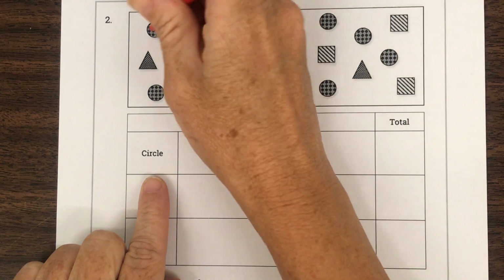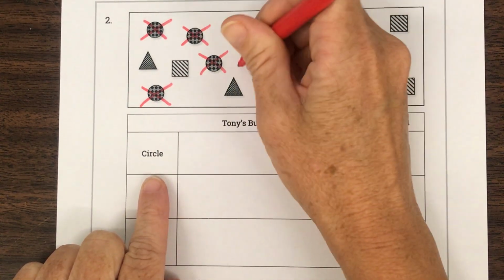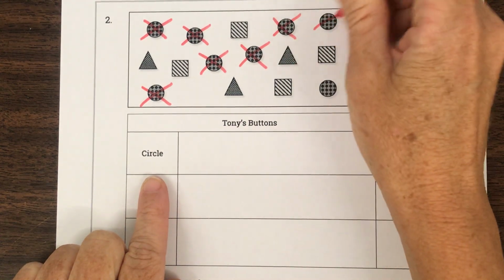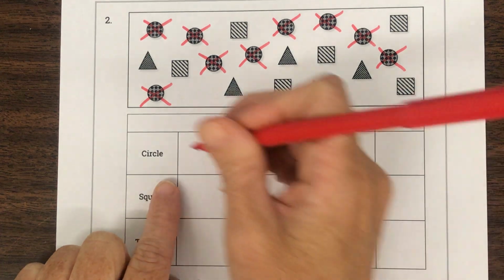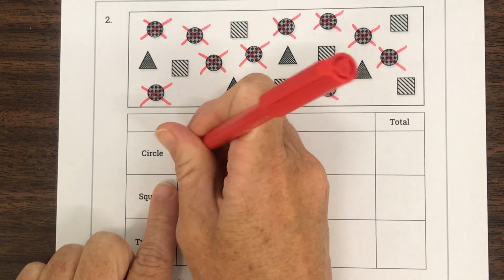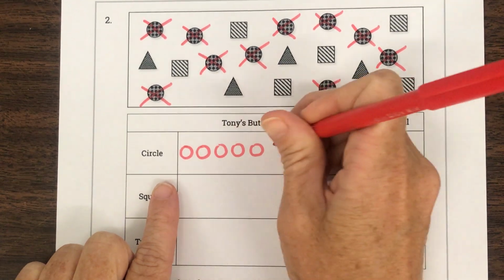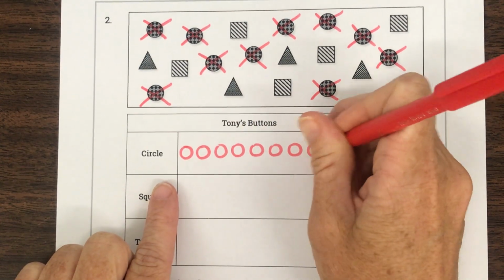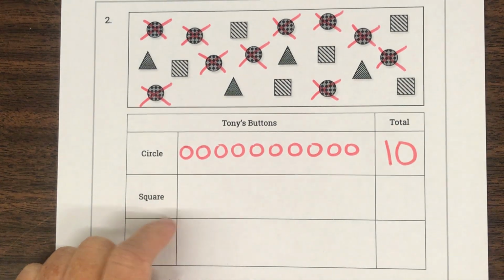I'm going to count my circles first: 1, 2, 3, 4, 5, 6, 7, 8, 9, 10. I have 10 circles, so I'm going to draw them now. 1, 2, 3, 4, 5, 6, 7, 8, 9, 10.